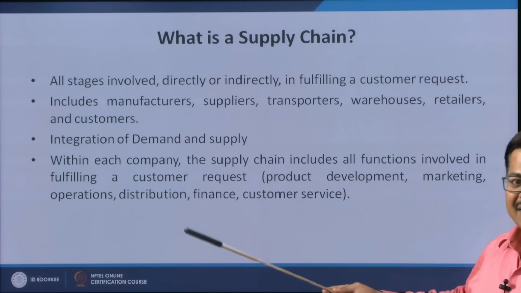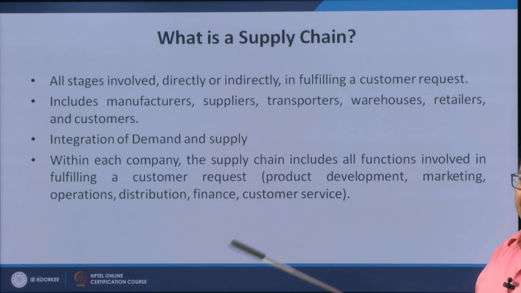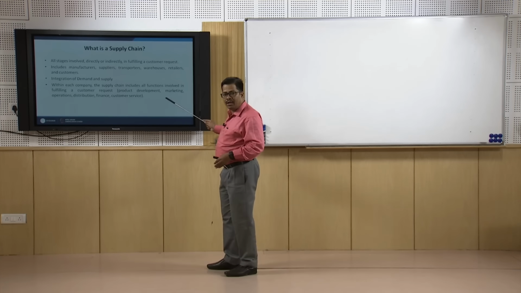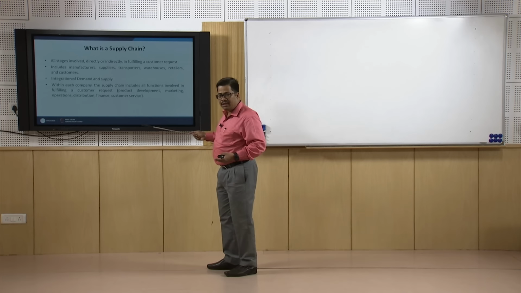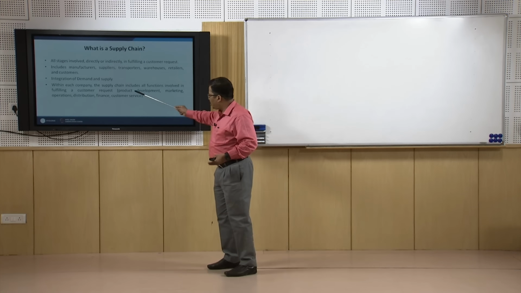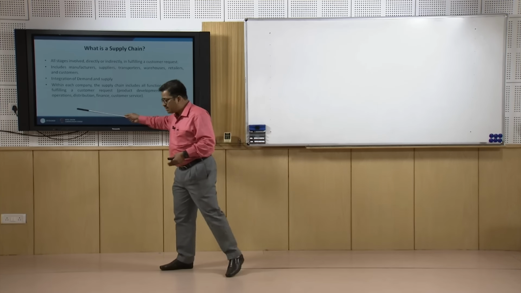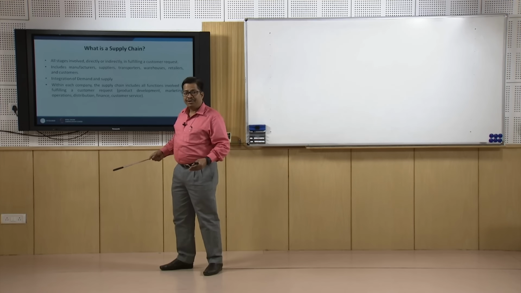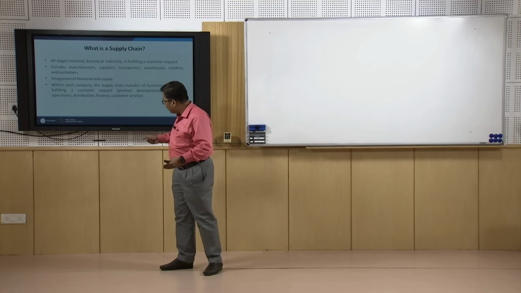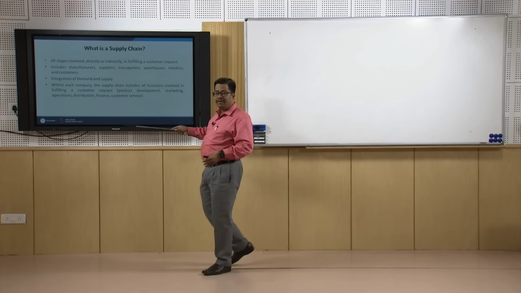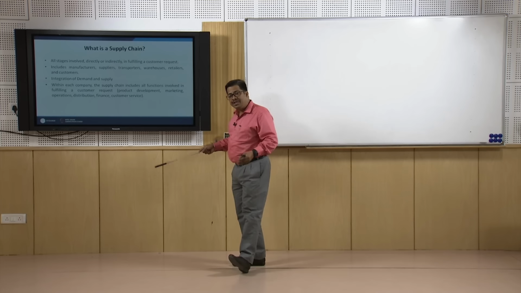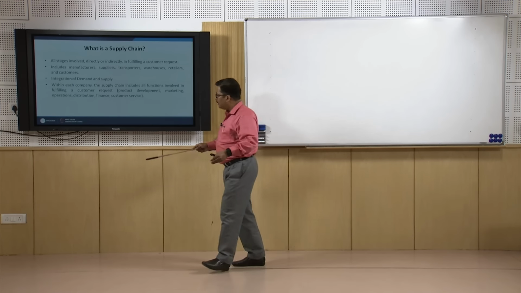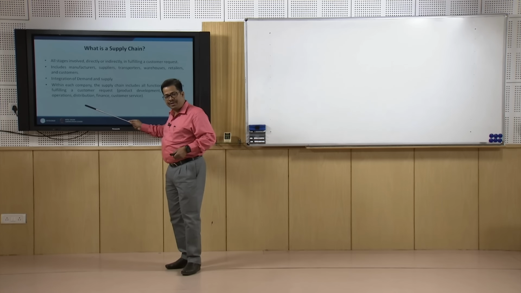So the demand side information, the demand side data is normally captured by the marketing people, and on the basis of that data, that information, the product development team, the operations team, they develop new products, they ensure the supply of those products to the customers, and then further wherever the customer is, ensuring the supply to that very point, to that very place is the responsibility of the distribution team.